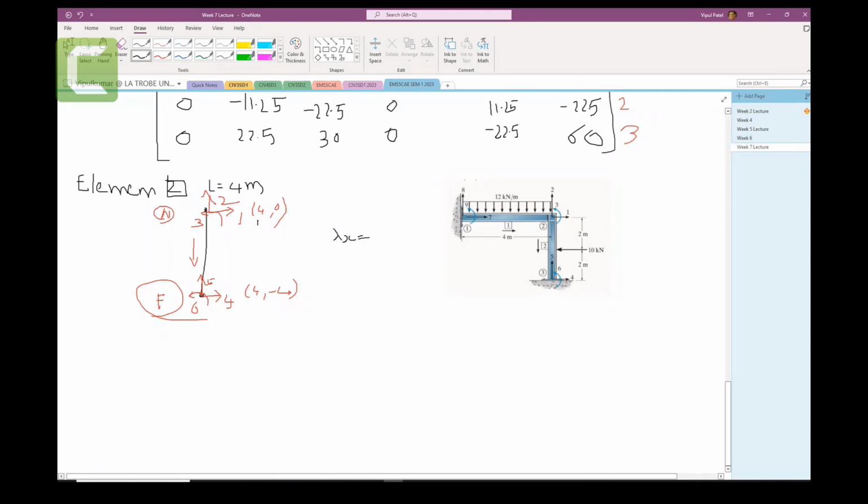This is near node x, near node y. Far node x, far node y.